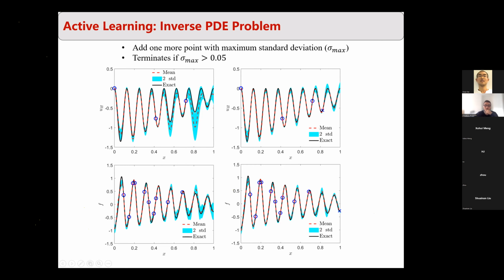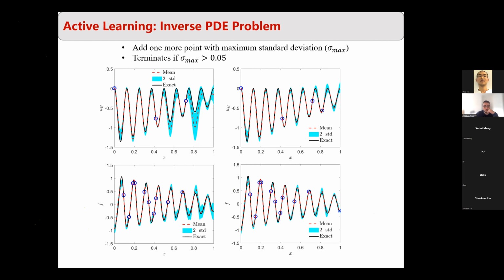As we can see, in regions where we don't have training data, the predicted uncertainty is very large. So if we have one more sensor for U and F, the question is at which location?